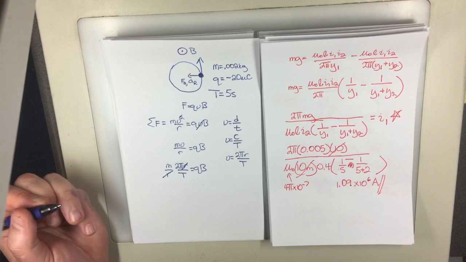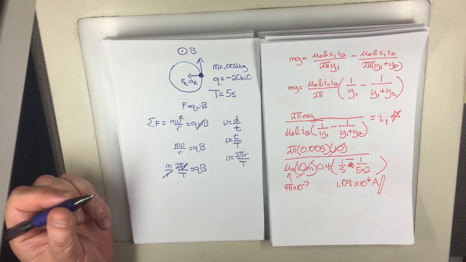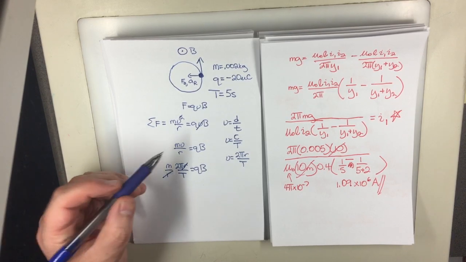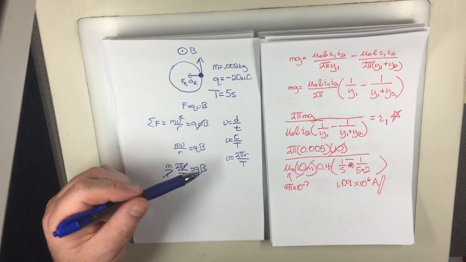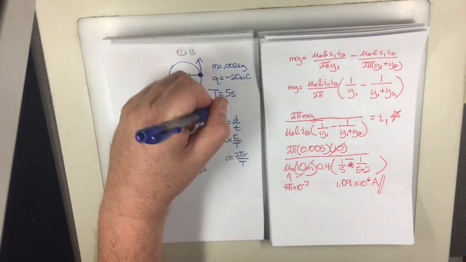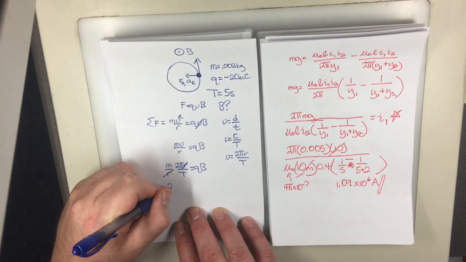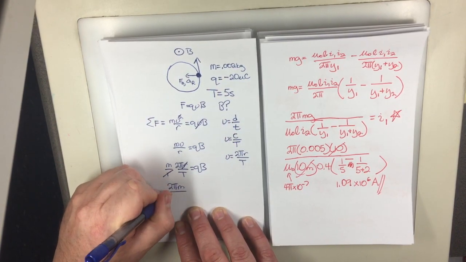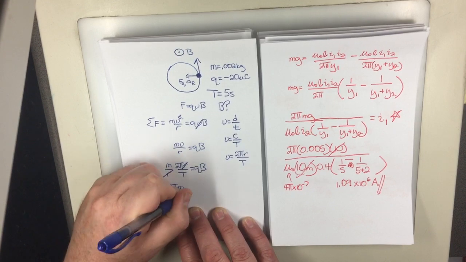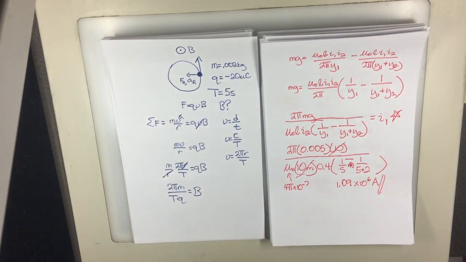And so I've given you everything that I need. The only variable that I didn't give you, and so I'll therefore say, what's the B field? The B field is 2 pi m over period times charge. We got the direction of the B field through logic. We're getting the magnitude of the B field through the equations.